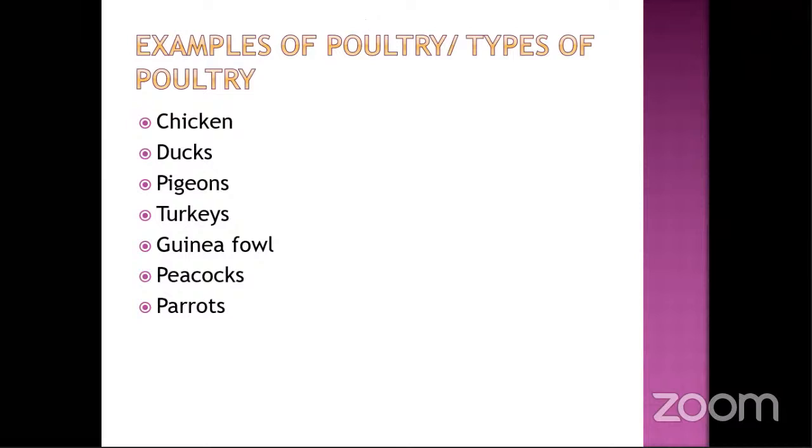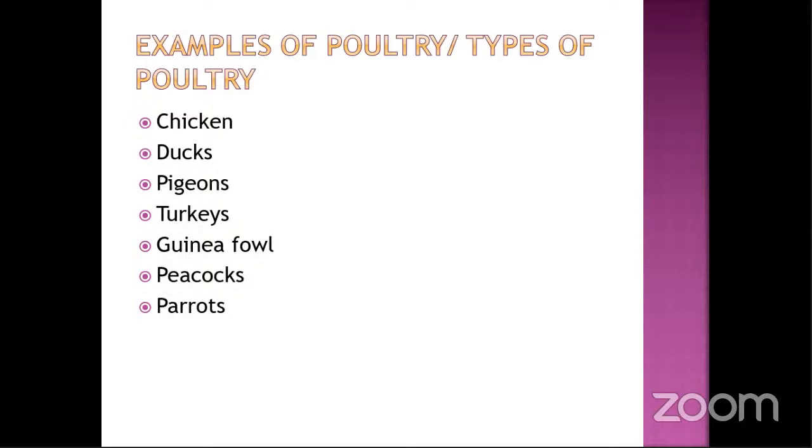So these are some of the examples of poultry. If they say give the examples of poultry, these are the ones that you'll mention. If they say give the types of poultry, these are the same. Children always get confused when we ask them to give the types of poultry. They write types of chicken.